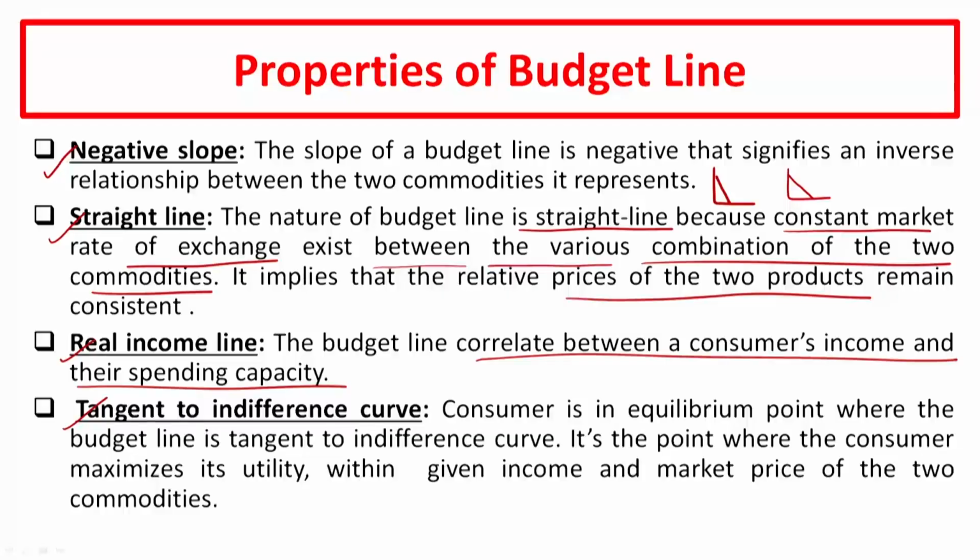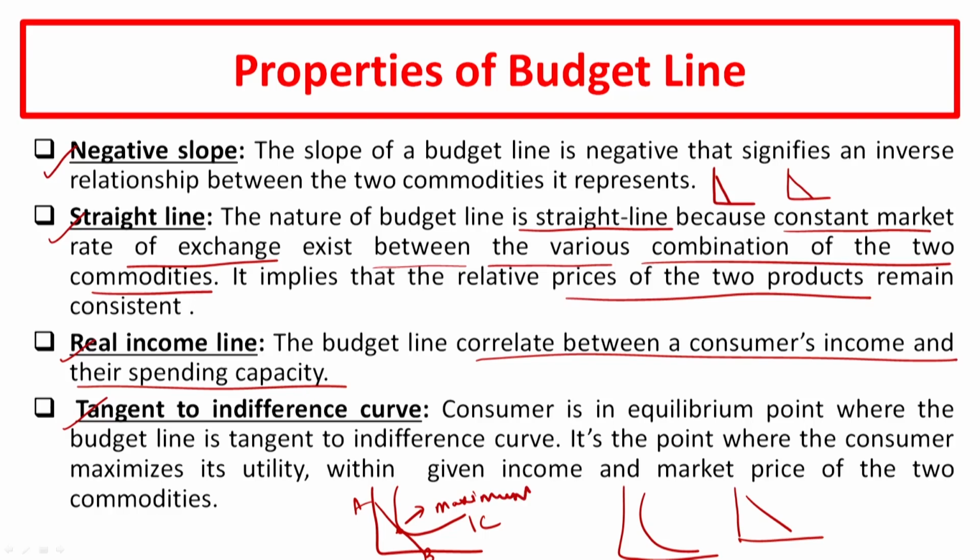So, the consumer will be in equilibrium only when price line is tangent to the indifference curve. How? Your indifference curve is convex in nature and your price line is straight. So, when your graph is like this and like this, that means your price line AB is tangent to the indifference curve. Then only the consumer is getting the maximum satisfaction.